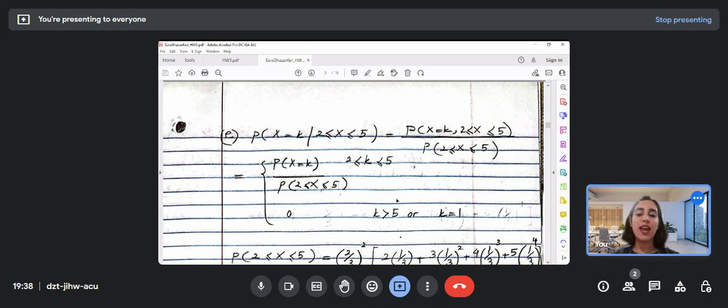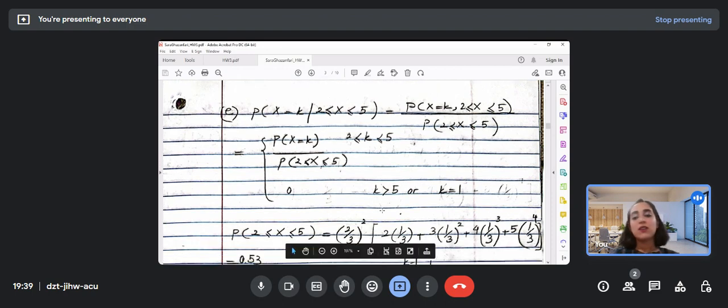If k is between 2 and 5, we can omit the second part and just write the probability of x equals k. And if k is bigger than 5 or smaller than 2, which in this case means only k equals 1, the probability is 0.